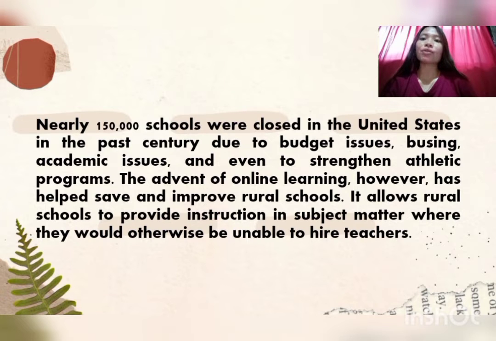Nearly 150,000 schools were closed in the United States in the past century due to budget issues, busing, academic issues, and even to threaten athletic programs. Through online instruction, students in some rural schools may now have access to advanced subjects that might otherwise be unavailable, such as math, physical sciences, foreign languages, and computer science.